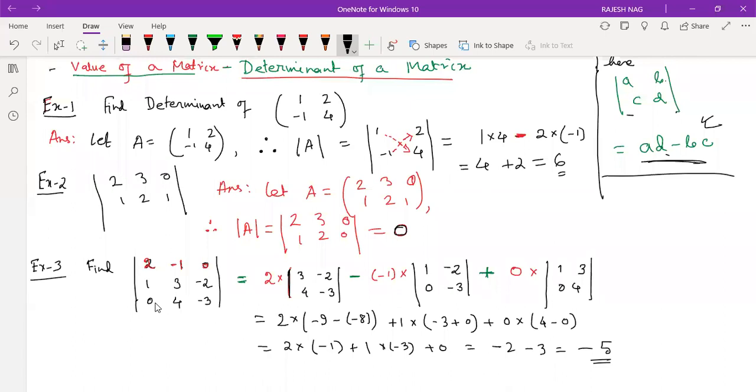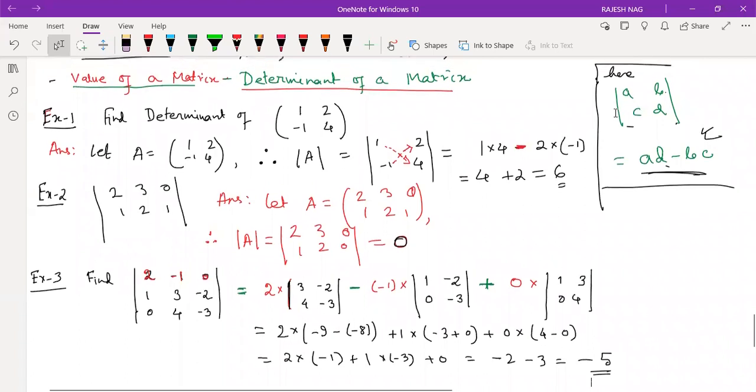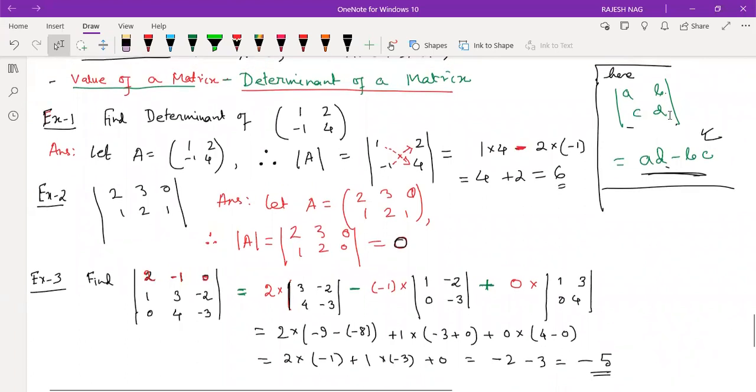So for 3 cross 3, naturally you can get a little bit of an idea. That is one type of recursive technique. Recursive in the sense, using 2 cross 2 determinant, you try to find the 3 cross 3. Right? Third order determinant is possible if you know the second order determinant. Second order determinant value calculation is this. See here, a b c d, ad minus bc.